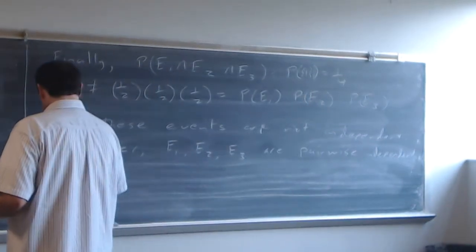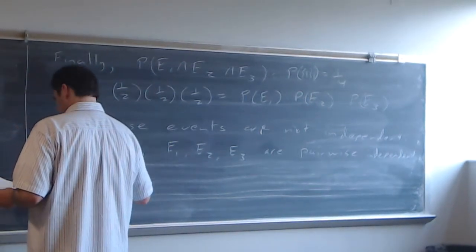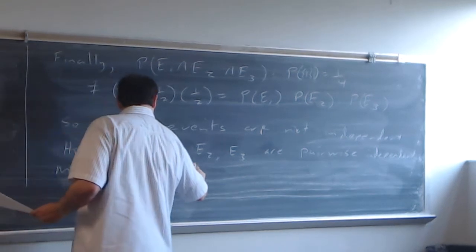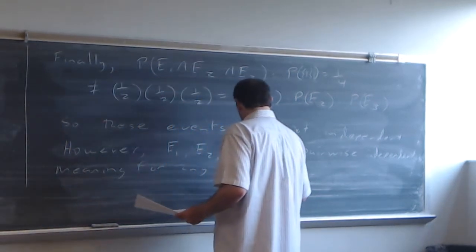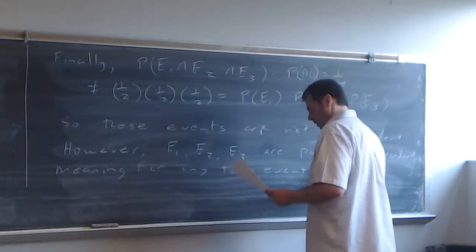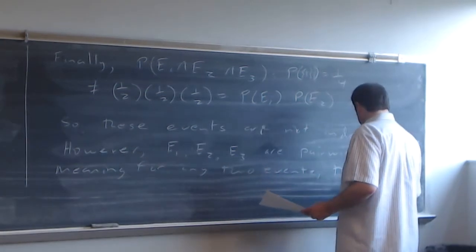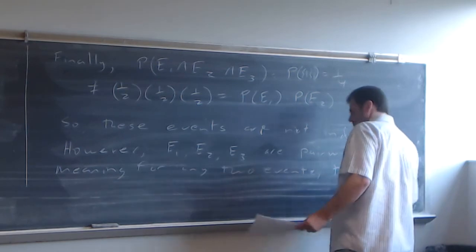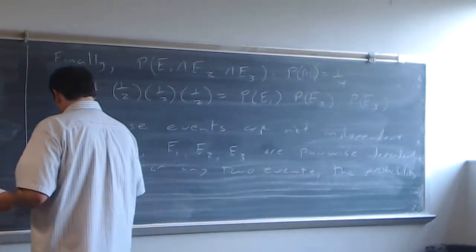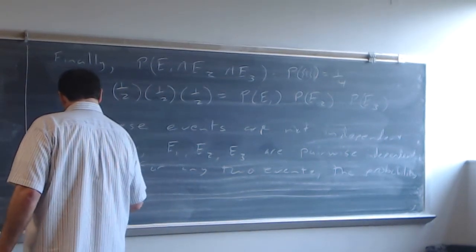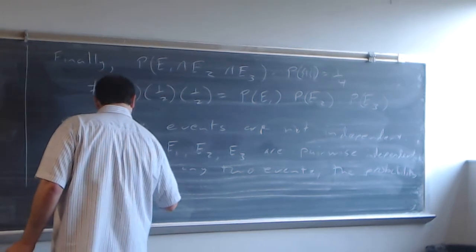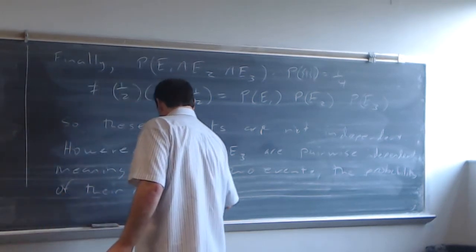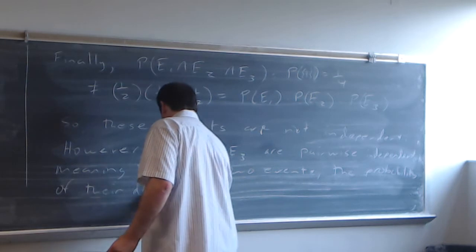And that means, more explicitly, that for any two events, the probability of their intersection is equal to the product of the probabilities of each event. So even though I'm not writing this down formally as a definition, it is a definition.